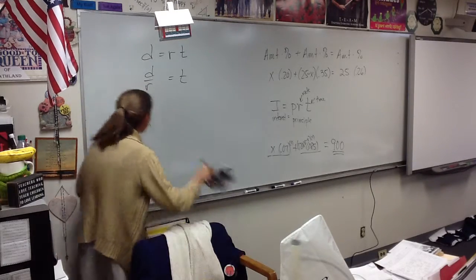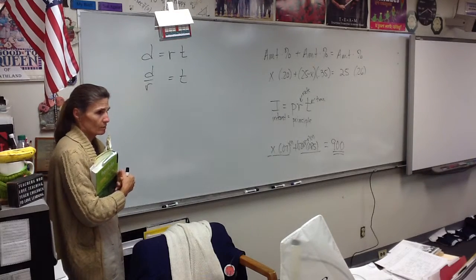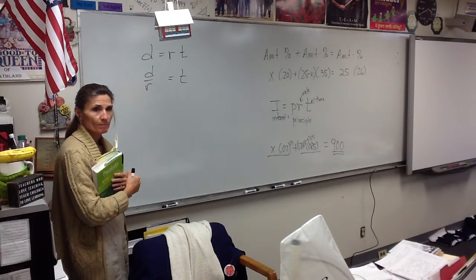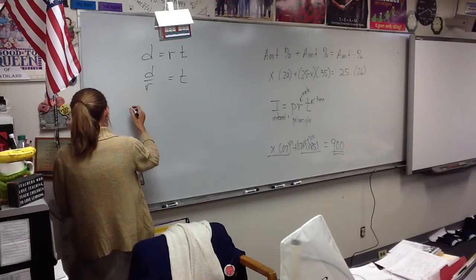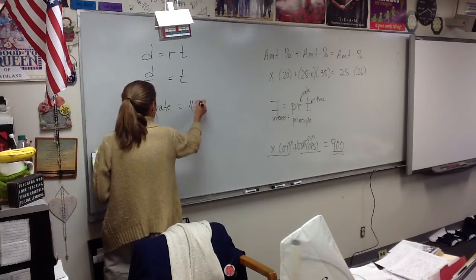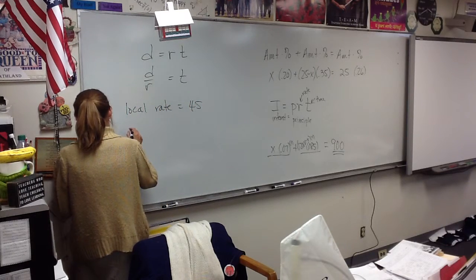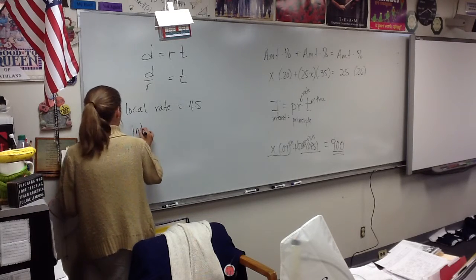So should we let, well, I don't know, you tell me. What do you want to let? Where we go from here? 45 is the rate. 45 miles an hour is one of the rates. 45 is the local rate. And 55 is the interstate rate?